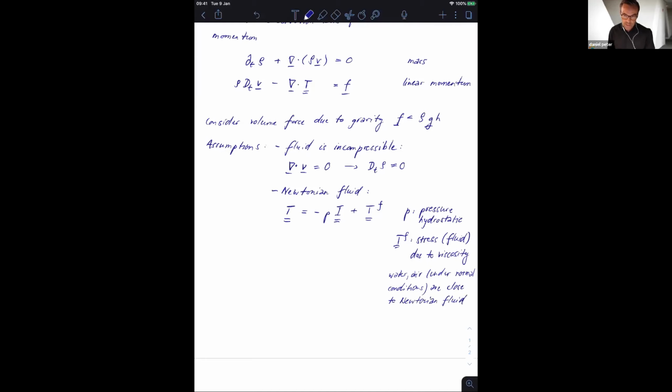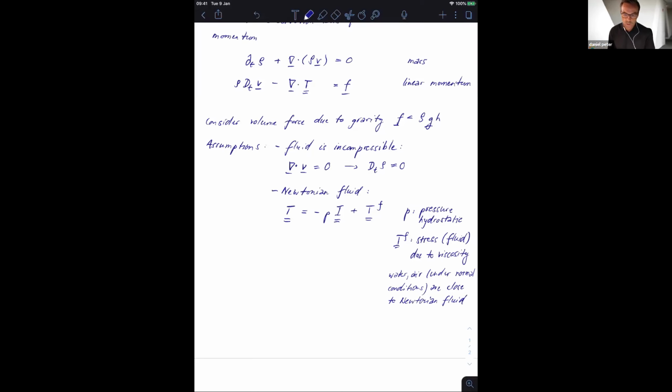As a counterexample, you can take paint, like non-drip paint. That's a non-Newtonian fluid. Blood is also non-Newtonian.